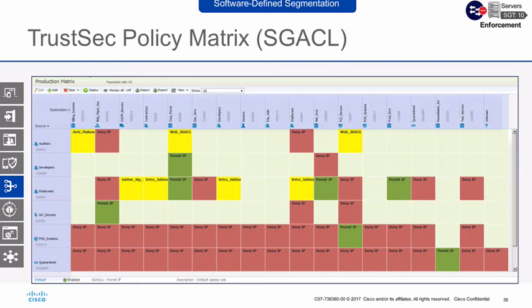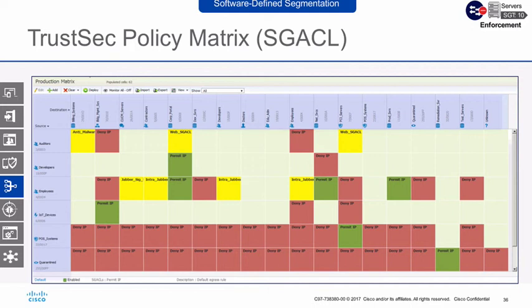Now, from a macro level, we can say, okay, auditors don't have the ability to talk to these resources on the network, or we have these developers and they can't talk to this. So that's what I'm talking about here: tag 3 can't talk to tag 5. All right, so this group of developers with security group tag 3 can't talk to production servers, which is tag 5.